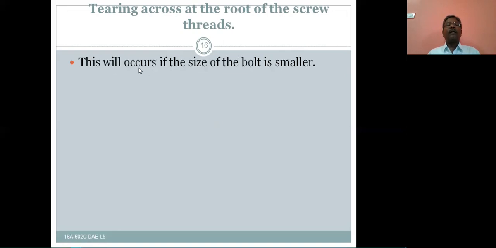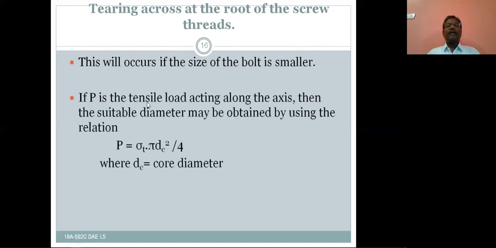Number one, tearing across at the root of the screw threads. This will take place if the size of the bolt is smaller. If P is the tensile load acting along the bolt axis, then the suitable diameter may be obtained by using the relation P is equal to sigma T pi dc square by 4.